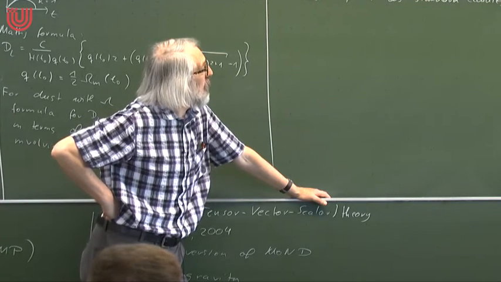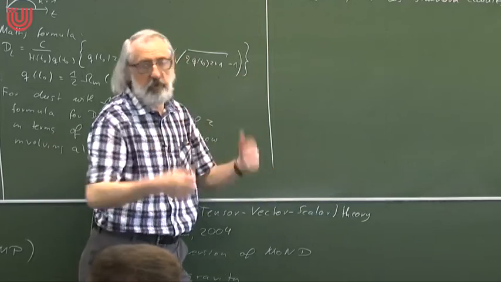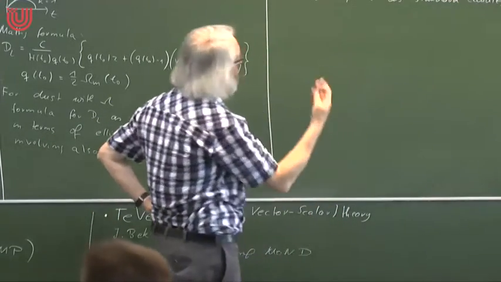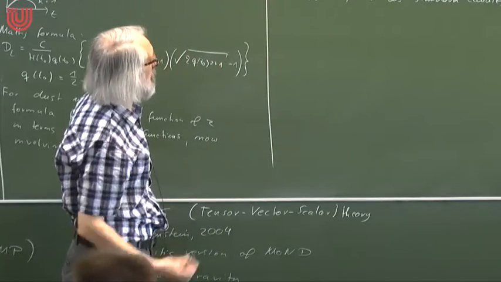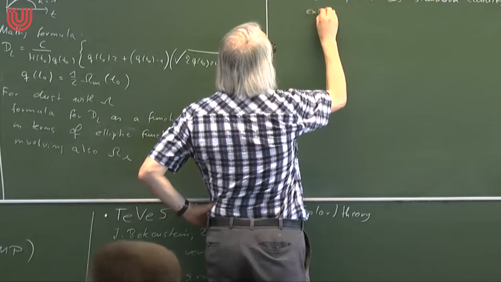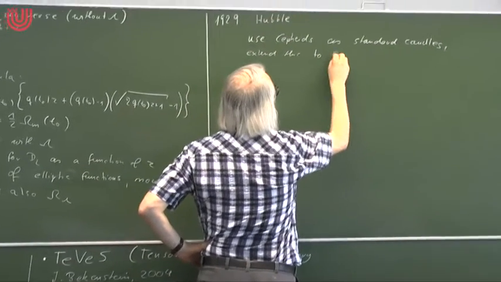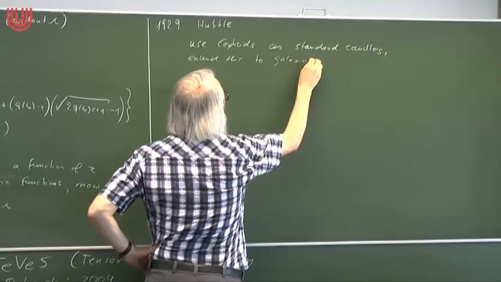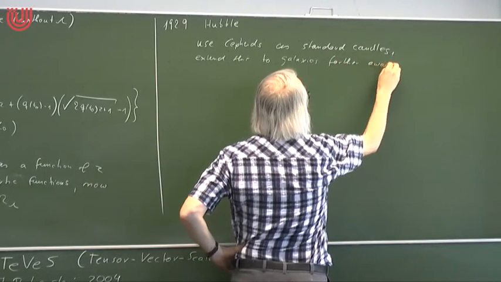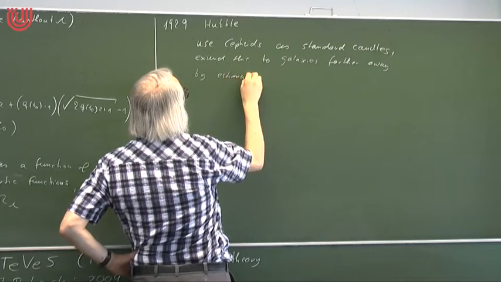So what Hubble did was that he just estimated the distance of galaxies by their total brightness. So this works only for galaxies which are very close to us, so that we can identify Cepheids inside of them. So then extend this to galaxies farther away by estimating the total luminosity.